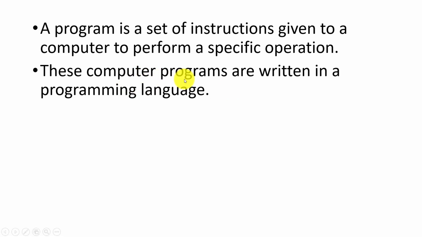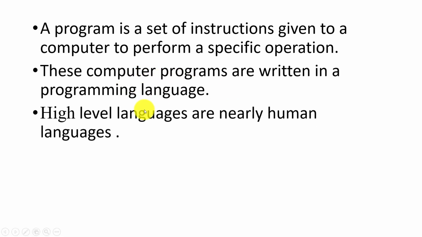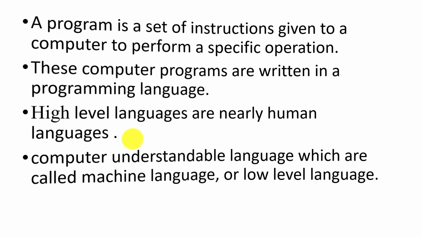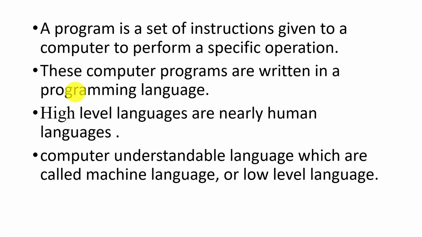Now, computer programs are written in many programming languages. Today we have many high level languages. Recently, high level languages are used, which are very near to human language, user friendly and user readable.